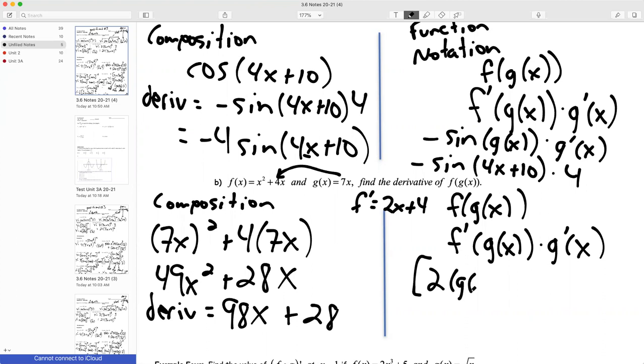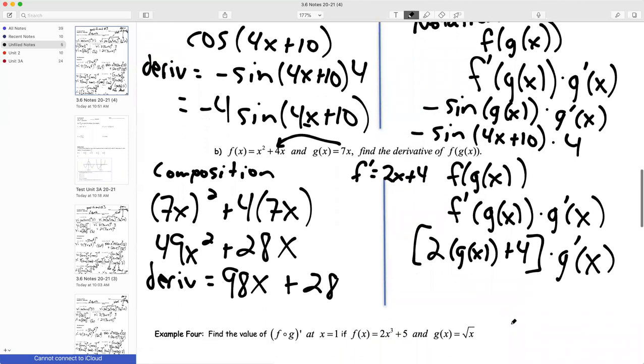So I've got a g of x in there, plus 4, and then I've got g prime of x. So all I did, I took the derivative of f, that gave me f prime, which was 2x plus 4. And then I substituted in g of x for the variable, and following this notation, I multiplied it by g prime of x.